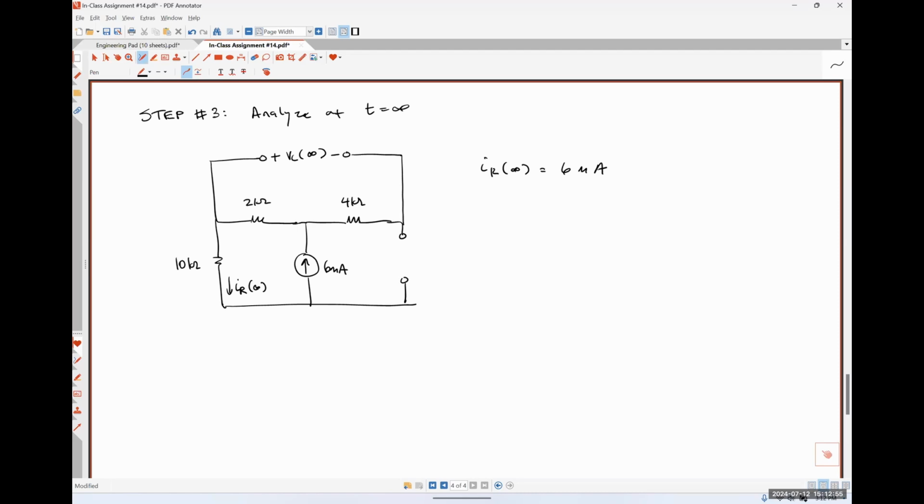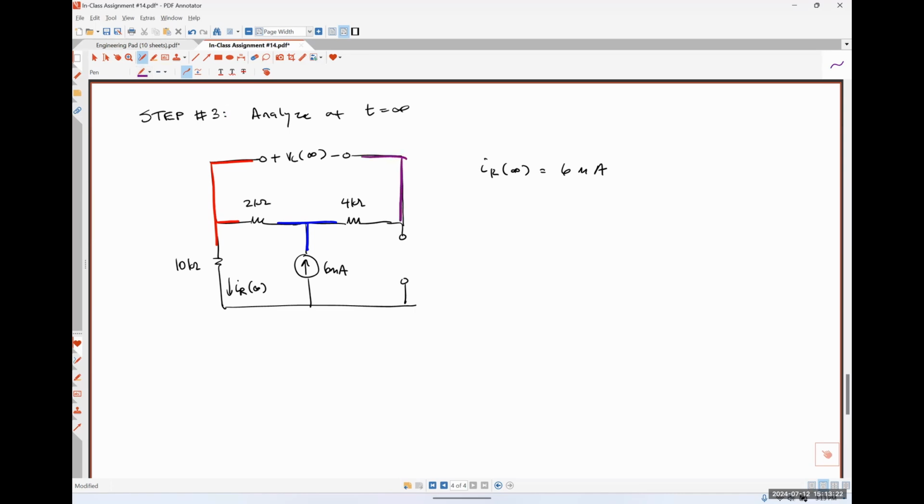It seems to be in parallel with the 2 kilo ohm. So I disagree with that. So let me identify some nodes here. We've got this red node here in the top left. Let's put a blue node here in the middle.